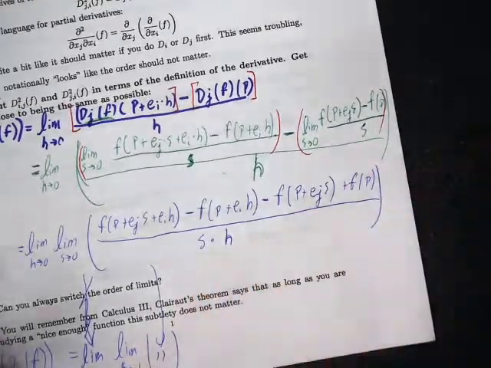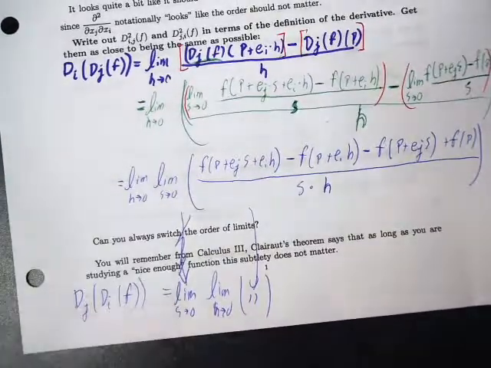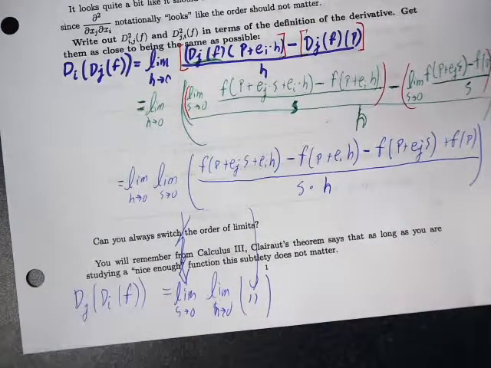And, well, let's see. If you remember from analysis 1, can you always interchange the order of limits? No. You can if you can prove that there's some uniform convergence going on.